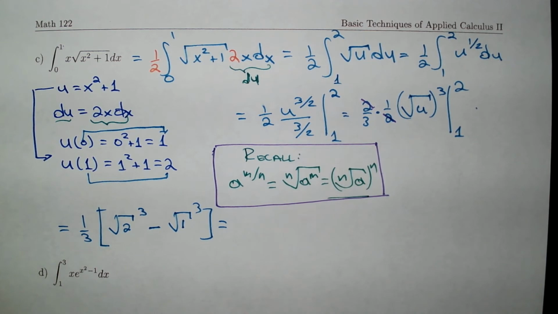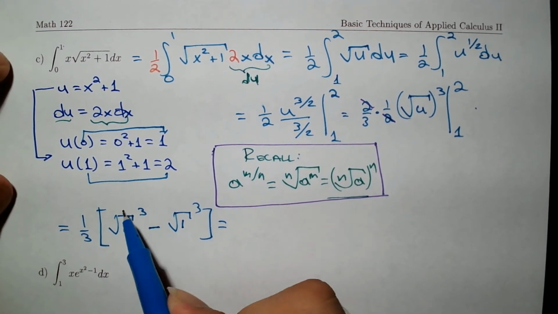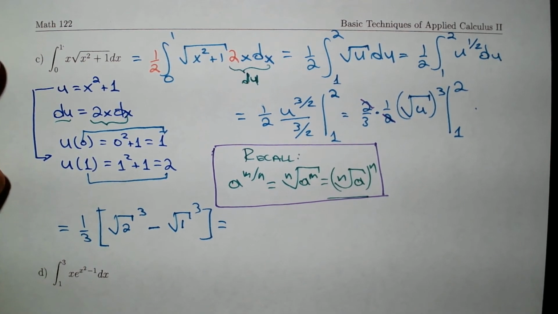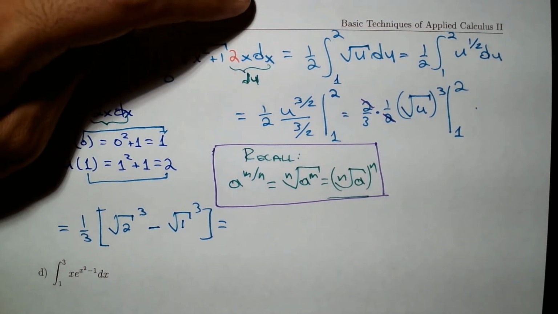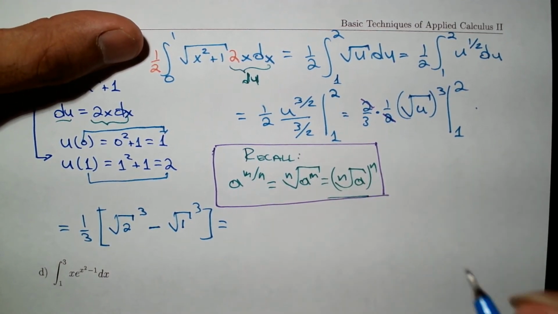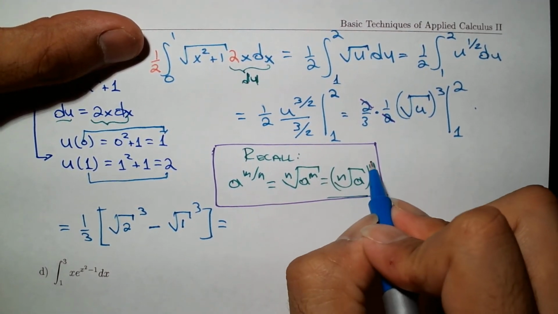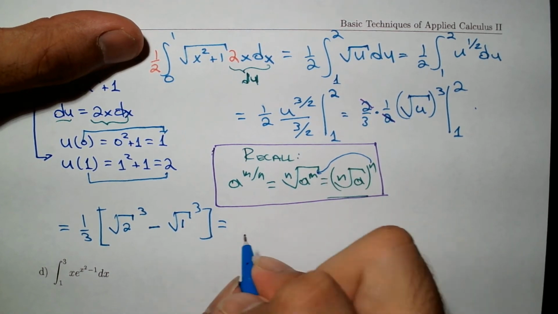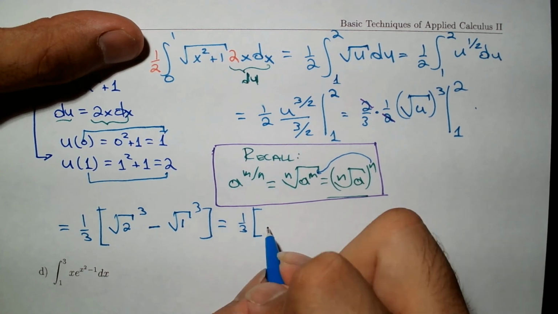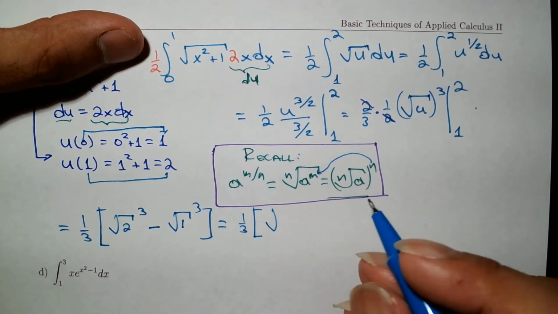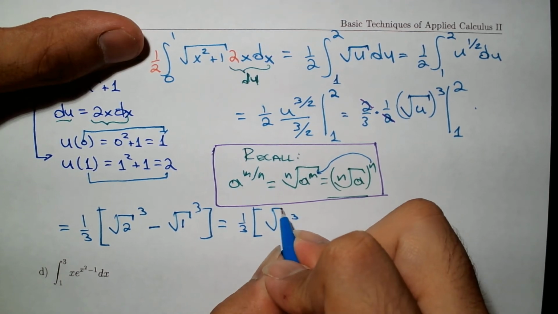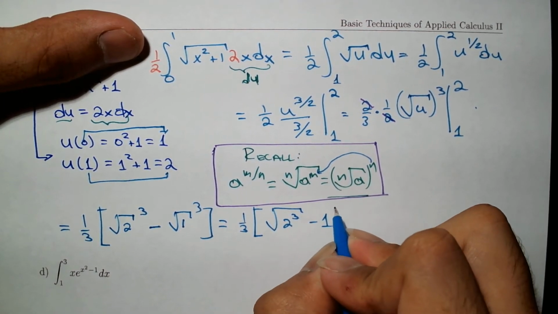Okay, how can we simplify this? Is there a way? I'm worried about this square root of 2 quantity cubed. Yes, there's a way to simplify this. First, the square root of 1 is simply 1, and then 1 cubed is going to give us 1. I'm going to go back and write this inside. So this is going to be 1/3 times the square root of 2 cubed minus 1.